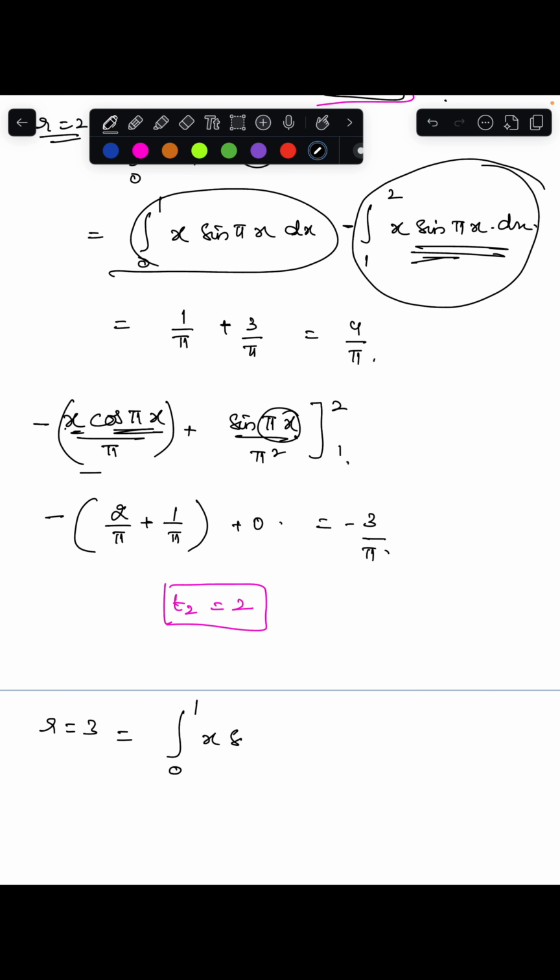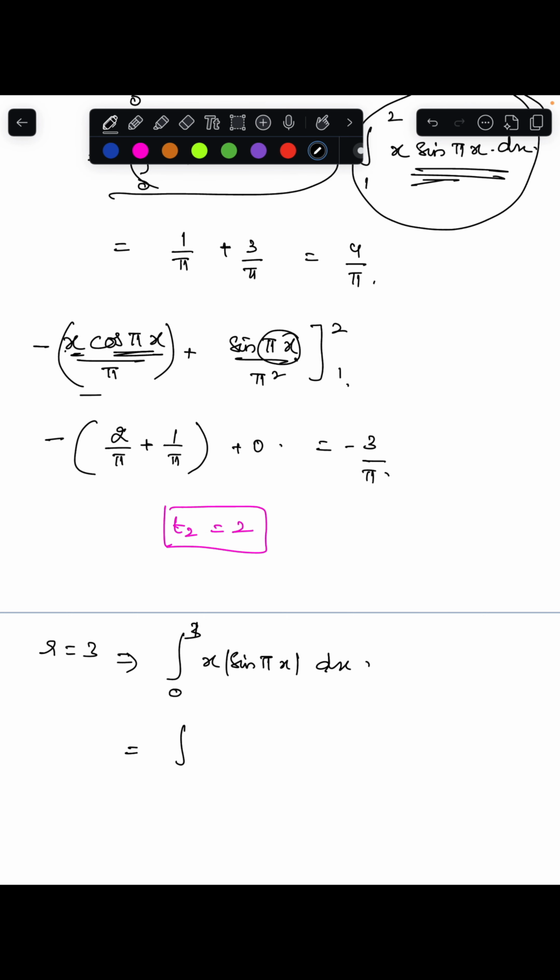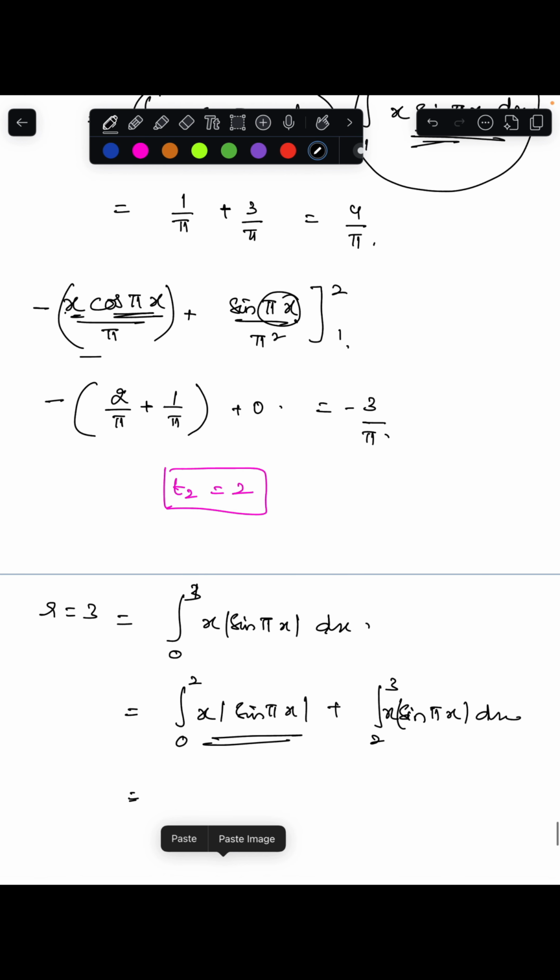That means we already have 0 to 2 of x mod sine pi x, then again you need to write 2 to 3 of x mod sine pi x dx. So the cycle gets repeated. Here we have already got this as 4 by pi, right?